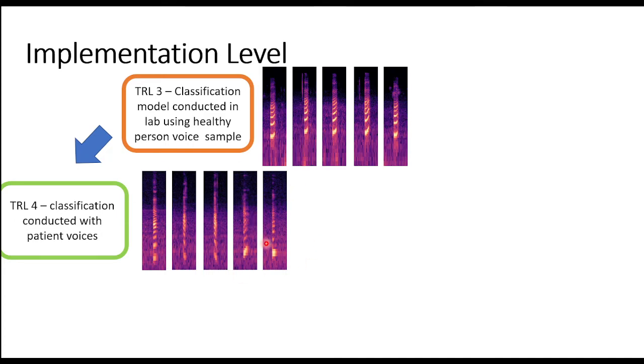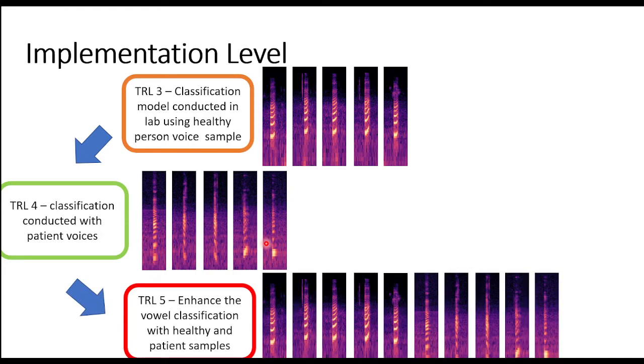Then recently in 2022, in the first quarter, we succeeded in publishing one journal. TRL5 is a combination of the images from the sound of a healthy person plus the voices of stroke patients. That is an enlargement from TRL3 and 4, and finally we have this currently.